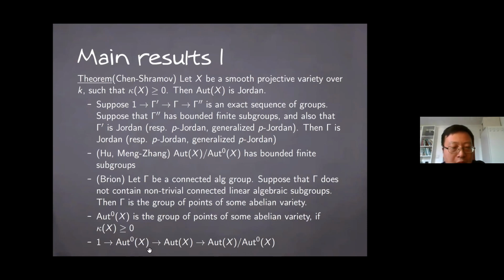So this is already an abelian group. You take any group here, you just intersect with it, and the quotient actually lies in here. But this one already has the bounded finite subgroup property. So the index is bounded. So first we need to use this argument to prove the automorphism group is actually Jordan.